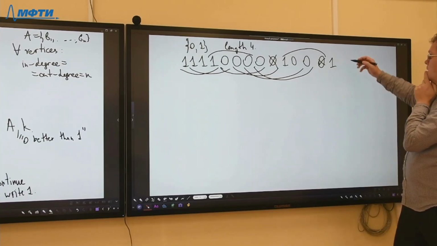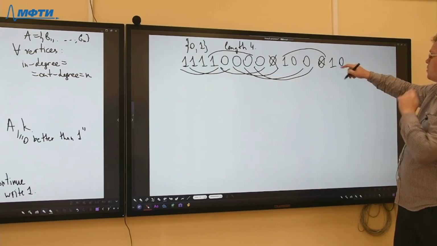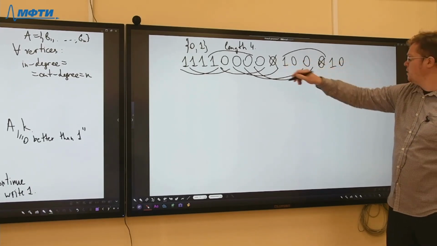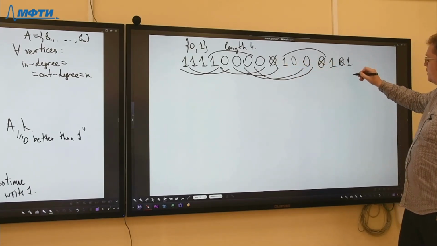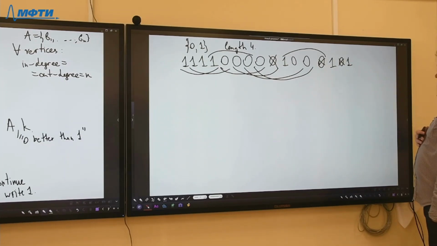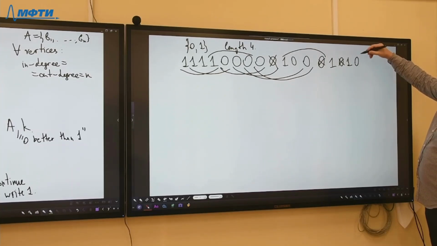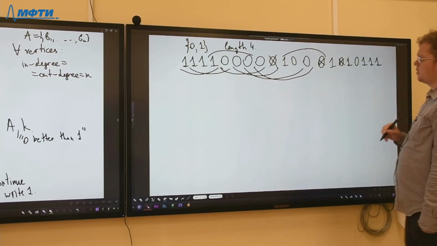Then 0 I cannot write because I already have 0, 0, 1, 0 here, so I write 1 again. Then 0, 0, 1, then 0. Then 0 I cannot write, so I write 1. So I think that will be all the sequences.